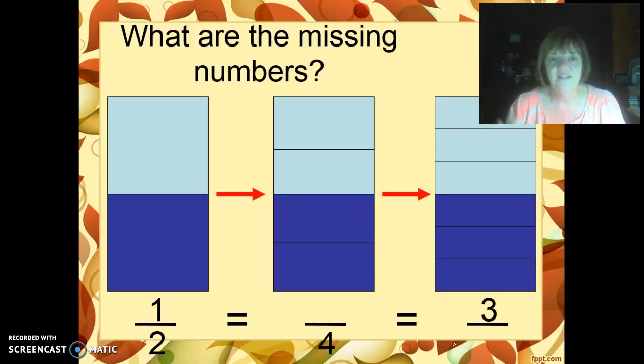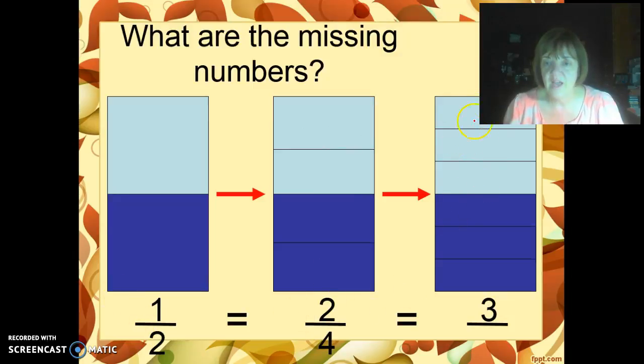All right, so now let's guess what the missing numbers are. Can you take a guess? In the middle here, how many are equivalent to 1/2? You counted it, or multiplied by 2. And there we go. All right, it is 2 pieces are in the light blue. 2/4 is equivalent to 1/2. How about here?